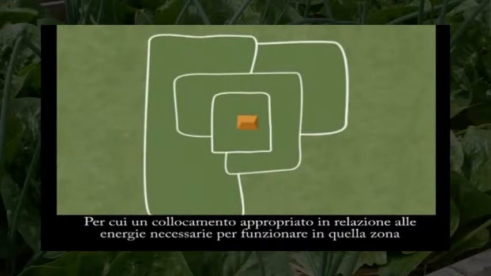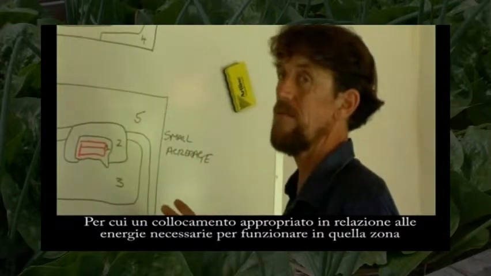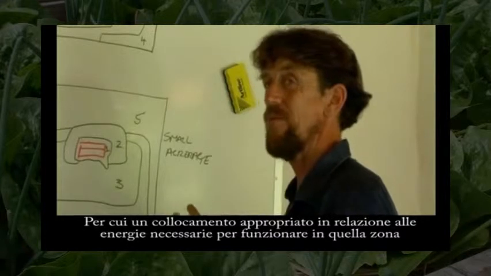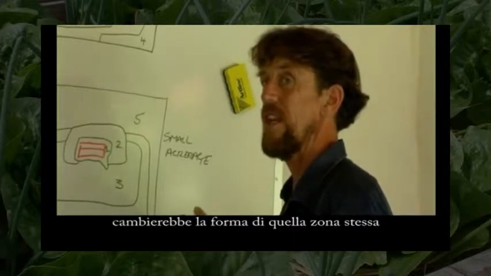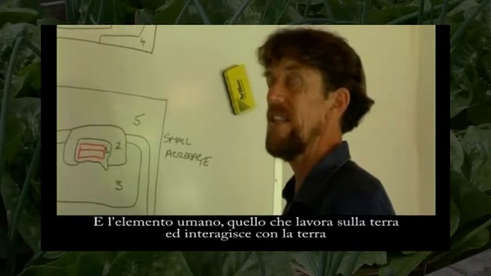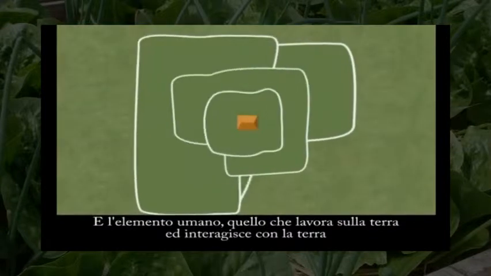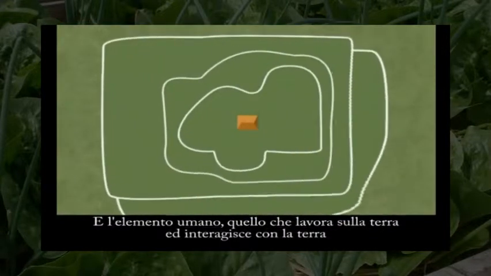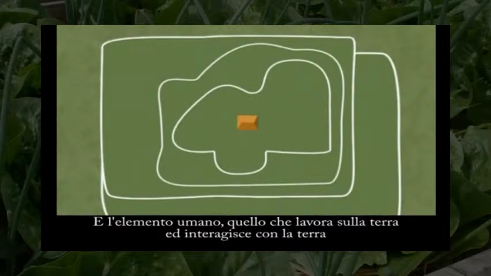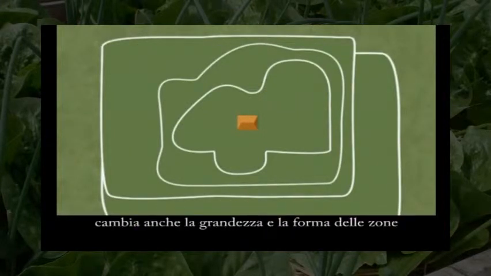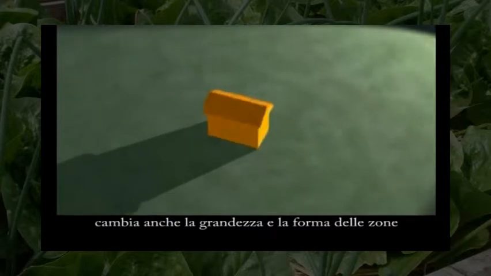So appropriate placement in relation to the energy needed to work that zone will change the shape of that zone. And the human element, the element that works the land or the element that interacts with the land, will also change the size and shape of zones.